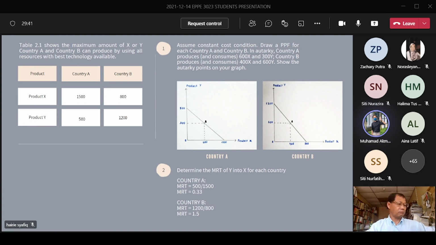This is the example of the PPF, as we can see from the country A graph.